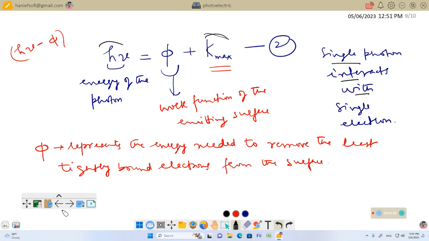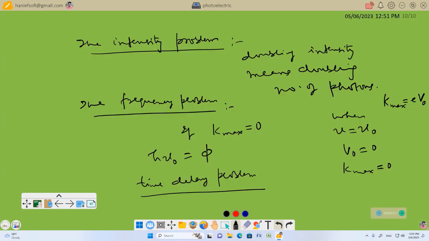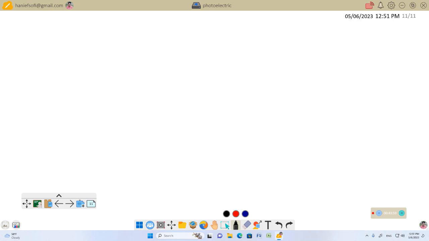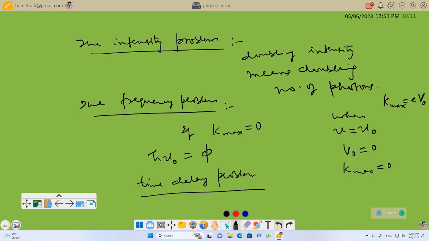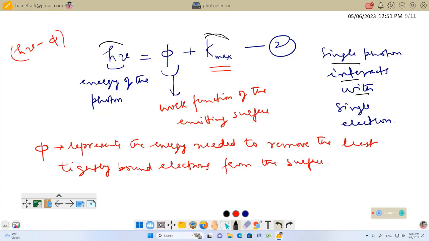So let me show you one more thing from equation 2. If we put K max is equal to eV naught, what do we get? Let me add the page. Put K max is equal to eV naught in equation 2, which is Einstein's photoelectric equation, this one.